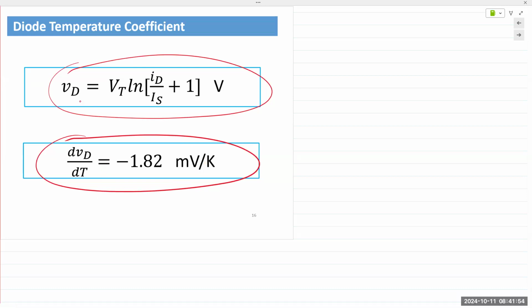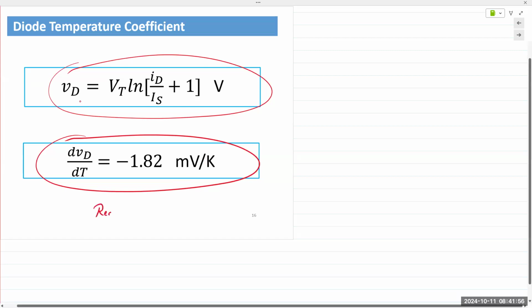Okay, so definitely read the example on this application. I'll probably assign it as a reading assignment. Okay, digital thermometers.